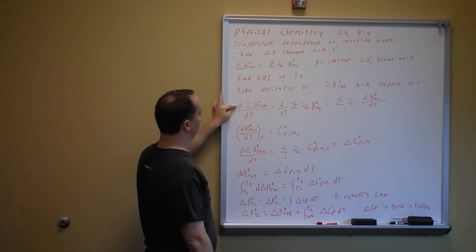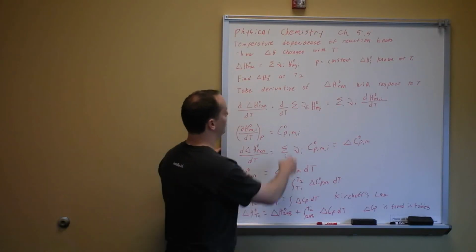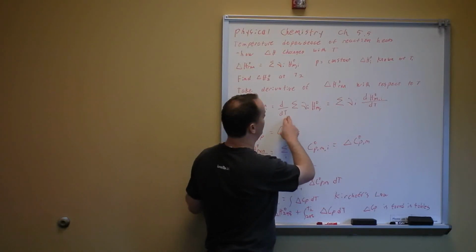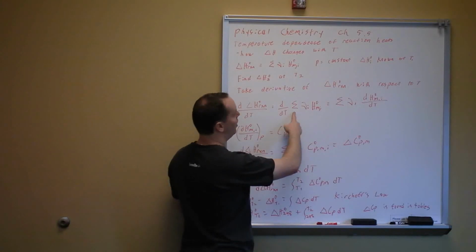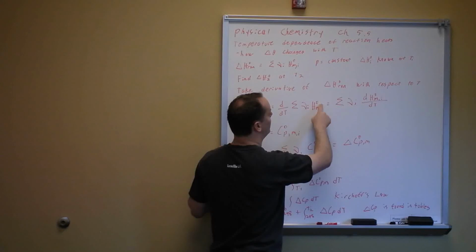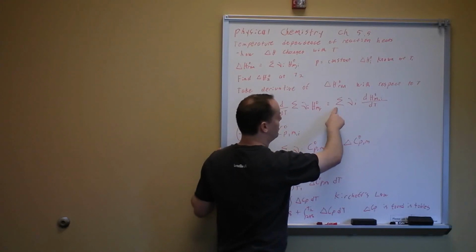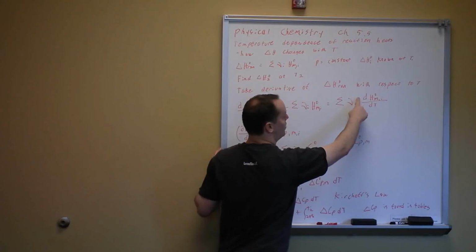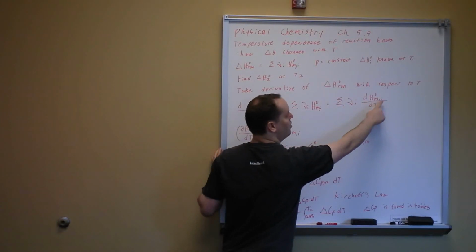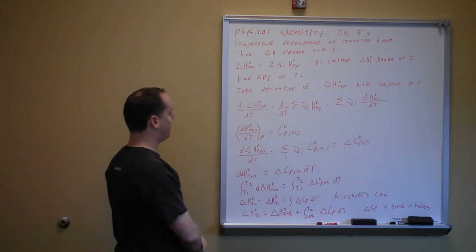So here's our derivative, change in enthalpy of reaction naught with respect to temperature. And that's equal to the derivative with respect to temperature of the sum of nu_i times the molar enthalpy of substance i at 1 bar. So that's equal to the sum of nu_i times the derivative of H molar for substance i naught with respect to temperature.